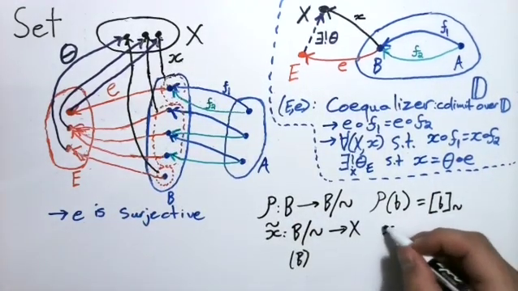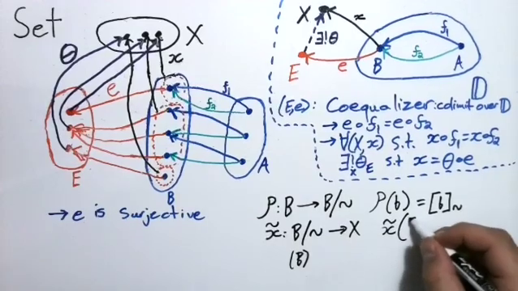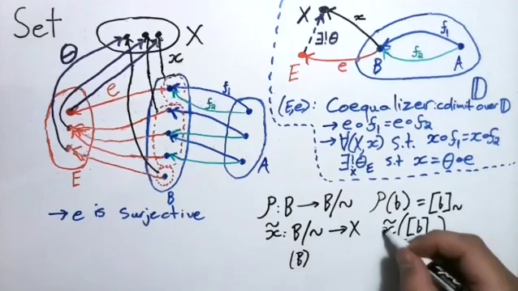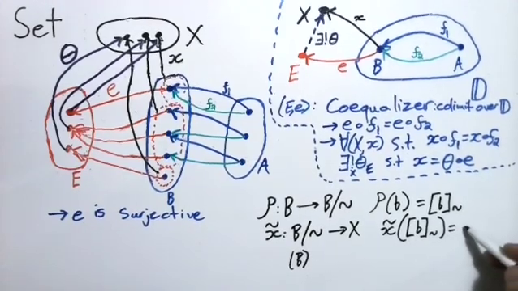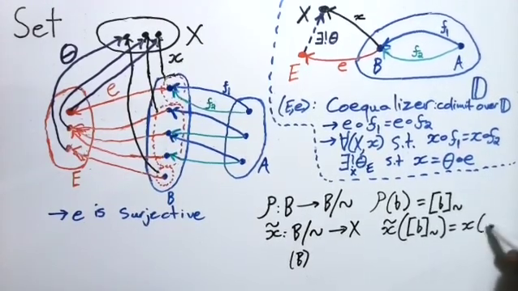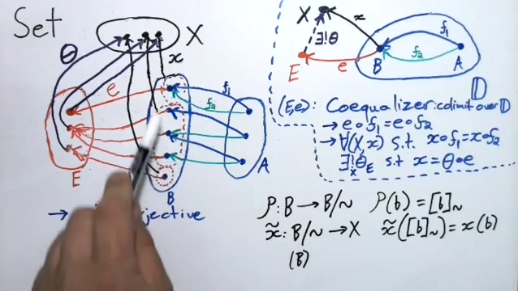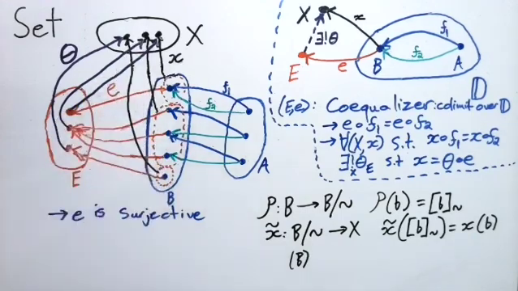So x tilde of the equivalence class of an element b will just give you back what x of b would have given you, right? And again, that's well defined because these are always constant, so there's only one element that we can assign it to, which is the definition of a function.